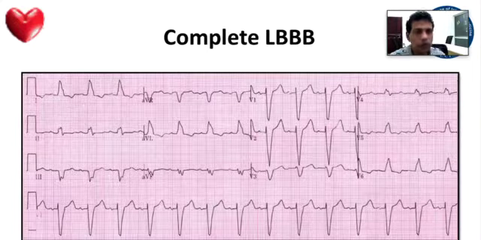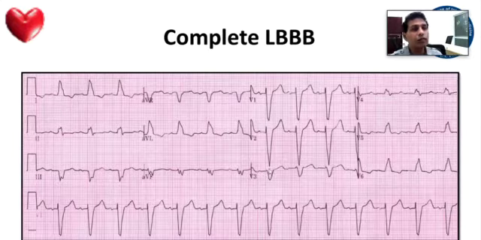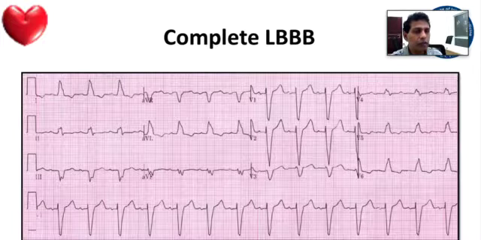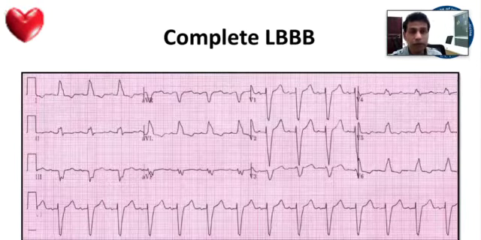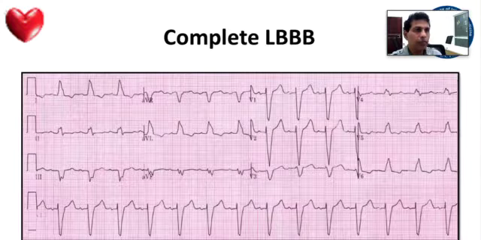Now if you see a patient with left bundle branch block, please document that, because if they come with chest pain and have this ECG, we might wonder whether this patient has a new left bundle branch block and whether the patient needs thrombolysis. So this is a left bundle branch block.